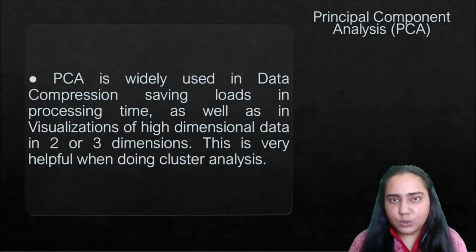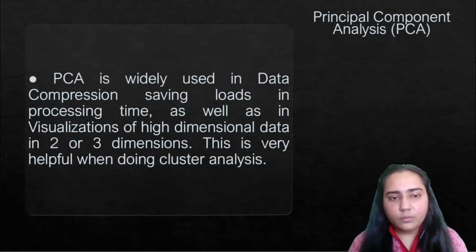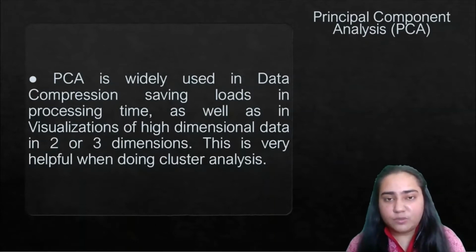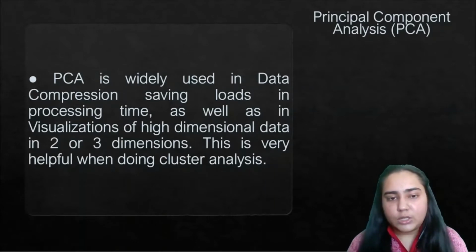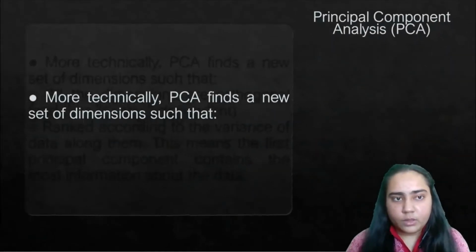So if you want to plot 10-dimensional data in 2 or 3 dimensions, you can use PCA there as well. And PCA is helpful in cluster analysis also because if you reduce the number of dimensions in your data set, the cluster analysis will take less time and consume fewer resources like processing.